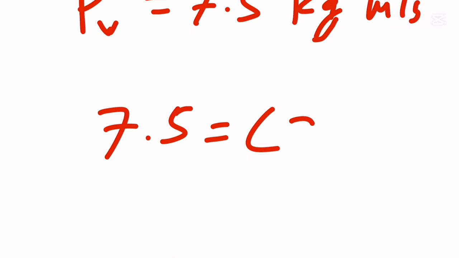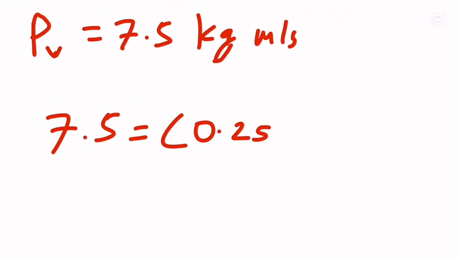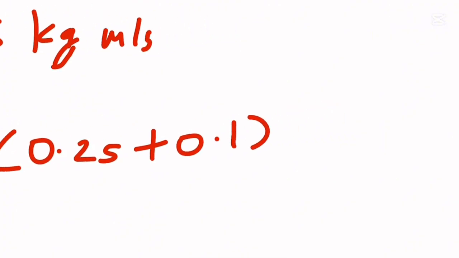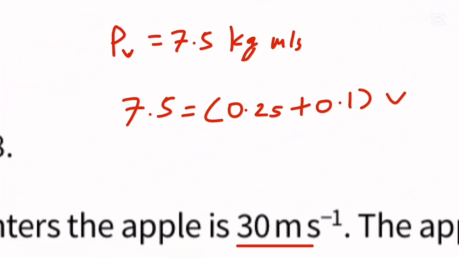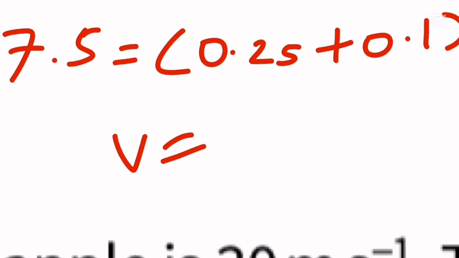So 0.25 plus 0.1, and v. Whenever we want to find the velocity, we just divide, and I'll do that in the calculator here. Calculator is a very handy tool, dude. I wouldn't survive high school without this, for real.